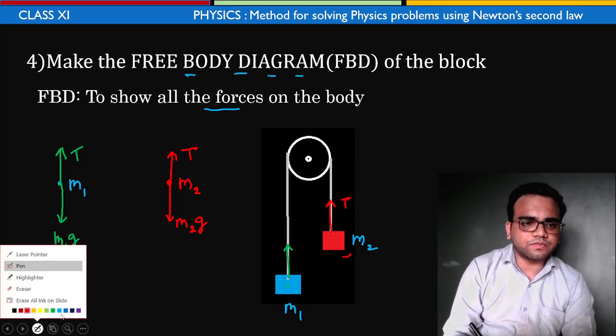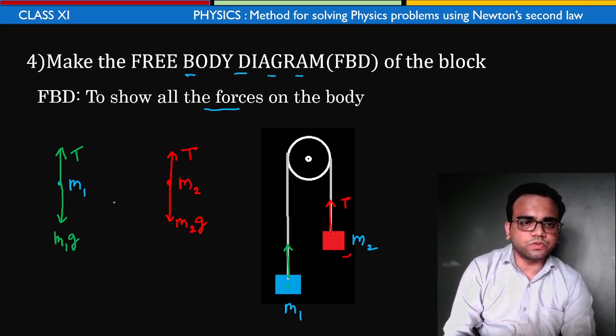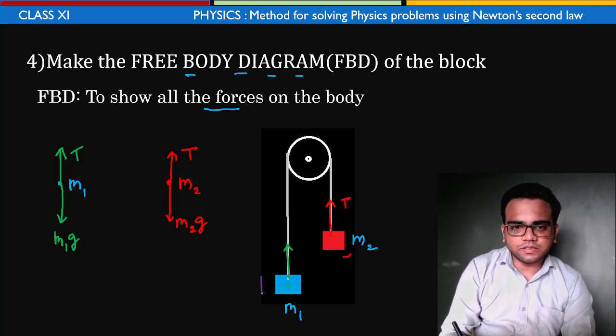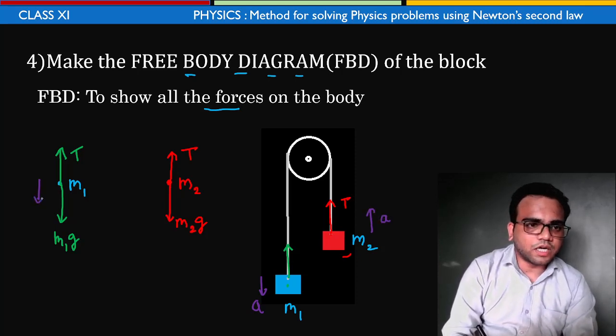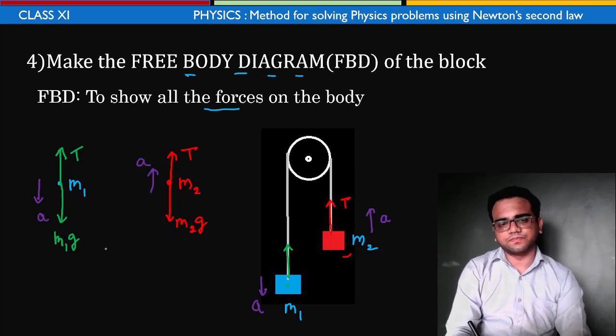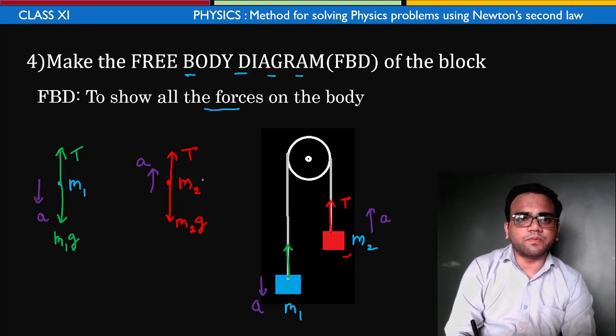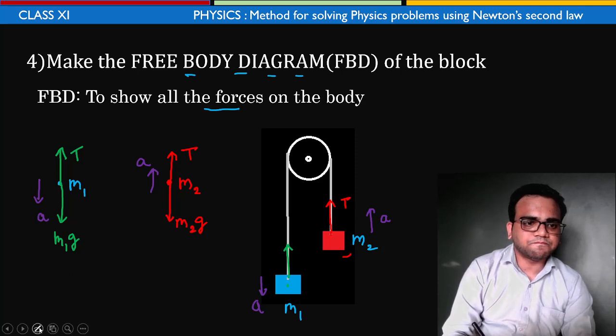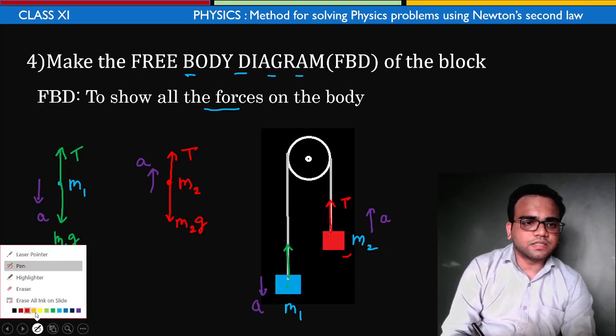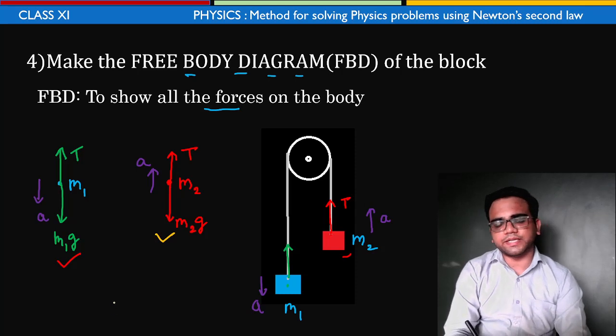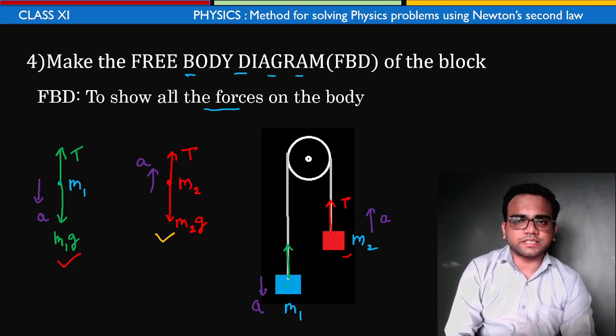What about the acceleration of these two blocks? This will move downward with acceleration a, and this will move upward with acceleration a. So this is our free body diagram of the first one, and this is the free body diagram of the second one. So the fourth task is completed.